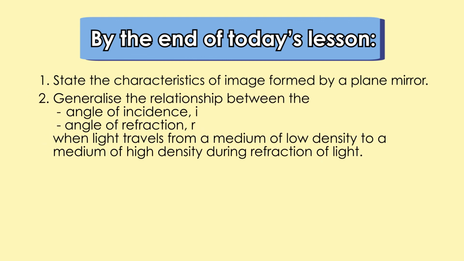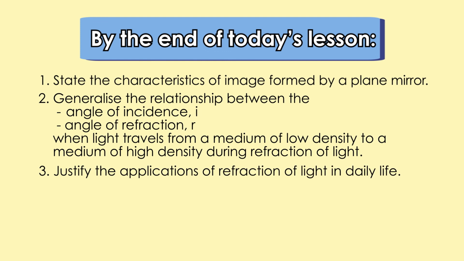Generalize the relationship between the angle of incidence, I, and the angle of refraction, R, when light travels from a medium of low density to a medium of high density during refraction of light, and justify the applications of refraction of light in daily life.